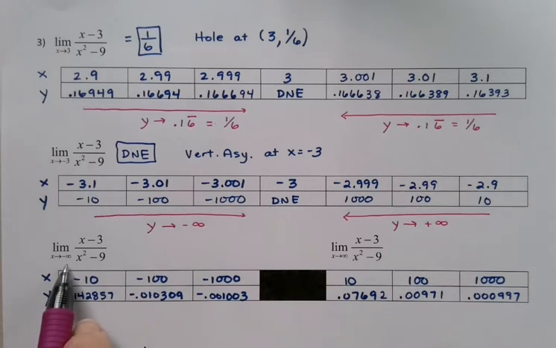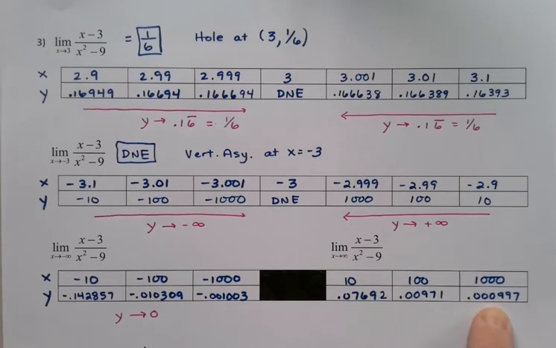As we approach negative infinity with our x values, notice the y values seem to be getting closer and closer to 0, right? That's somewhere around the neighborhood of negative 1/10, negative 100th, negative 1,000th. There are more zeros after the decimal place each time, establishing that pattern. So I do believe that y is going to 0 here. And kind of the same thing here.